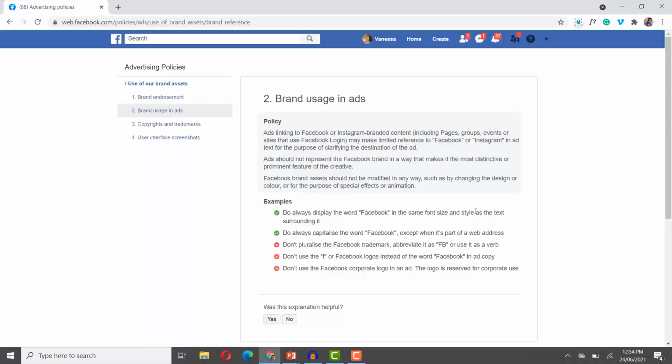For example, display the word Facebook in the same font size as the text surrounding it. So if you write Facebook in your ads, it should be equal. Do always capitalize the word Facebook, except when it's part of a web address. So if you're writing Facebook in your ad copy, make sure the F is capitalized. If it is lowercase, for instance a small f in Facebook, then your ad is going to get rejected.